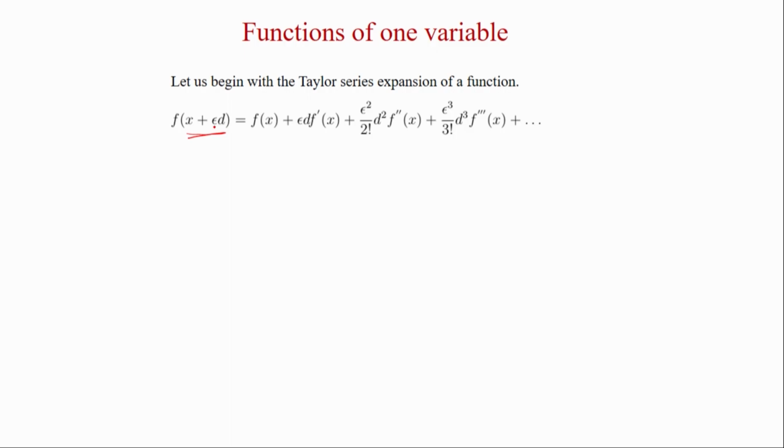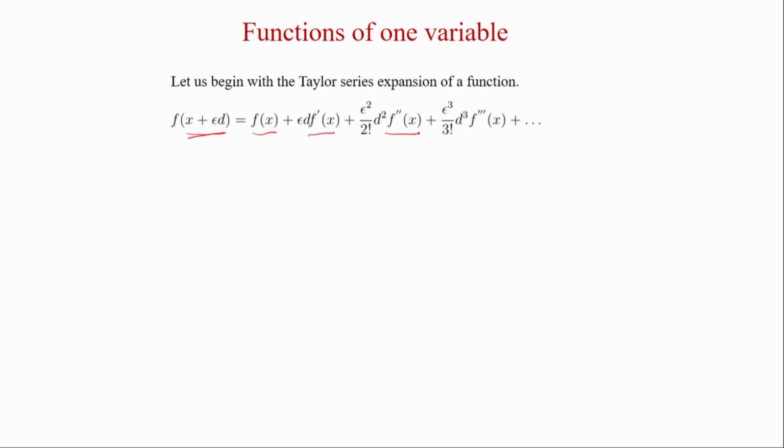And what is your Taylor series saying? It says that f of x plus epsilon d can be evaluated in this particular form, as a function of f of x, epsilon d times f prime of x, f double prime of x, the double derivative, triple derivative, and so on. If the function is infinitely differentiable, this is an infinite series.